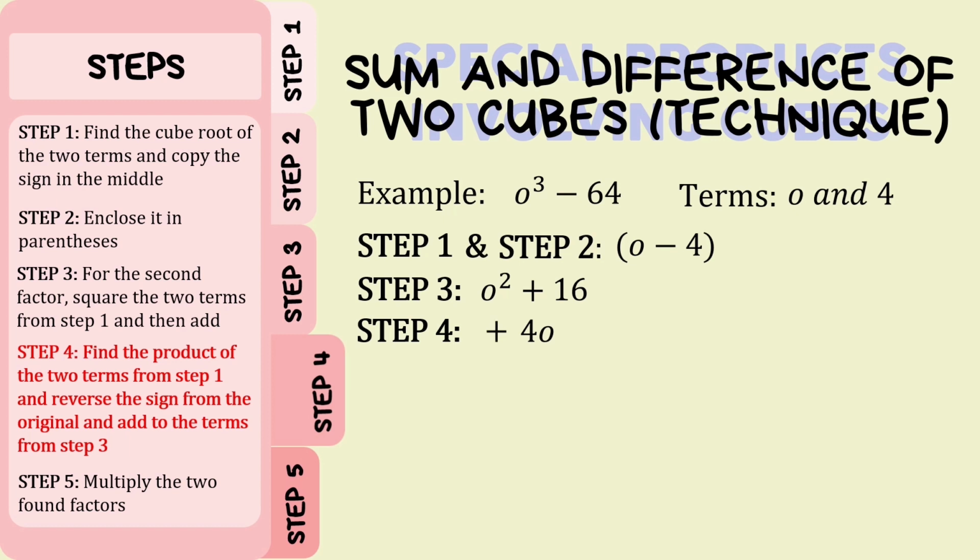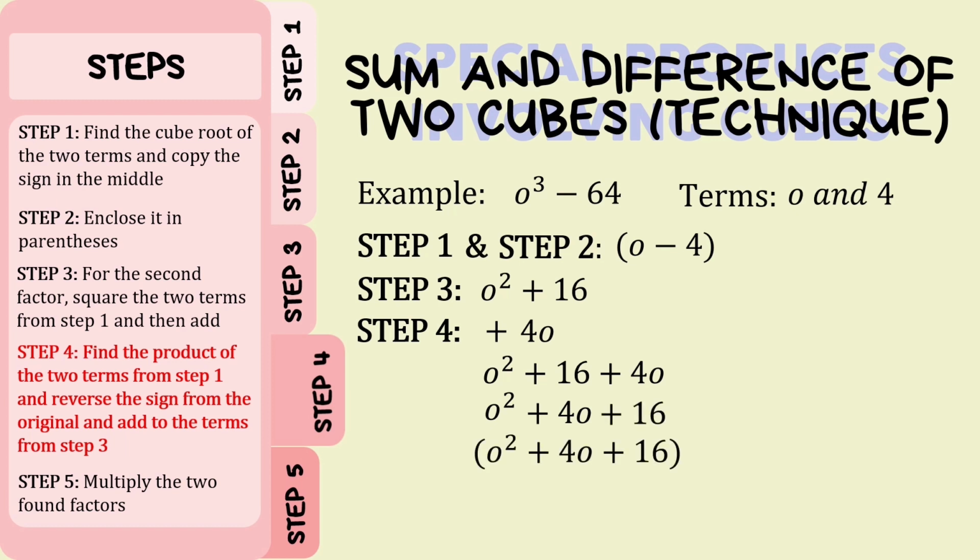Finding the product of the two terms, we have plus 4o, and we will just be adding this to what we have found in step 3. That would be o squared plus 16 plus 4o. But then, we can reorganize according to power, so that would be o squared plus 4o plus 16. And lastly, enclose these in parentheses as well.